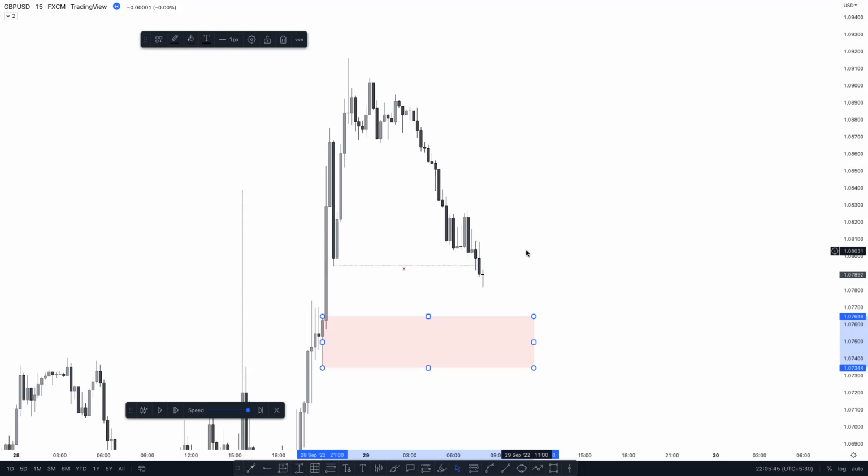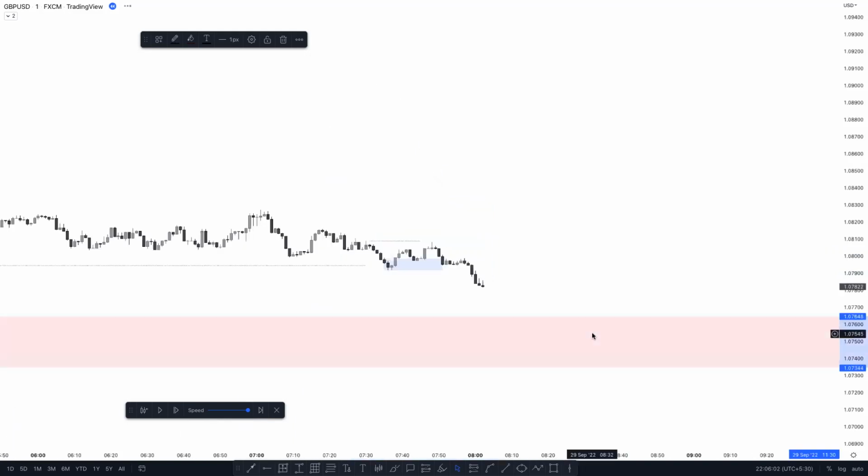This is simple. But in the 1 minute structure, the same process is applied for all entries, right? Chalk, take out the inducement, and then buy or sell. So again, switch into the 1 minute structure.